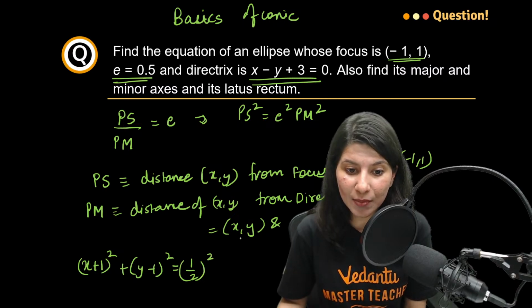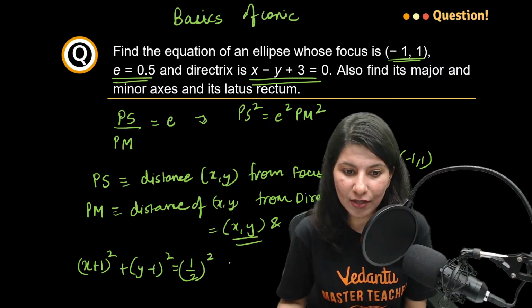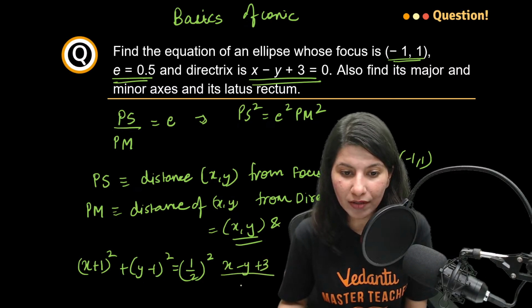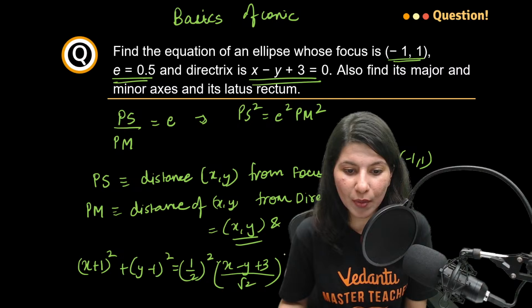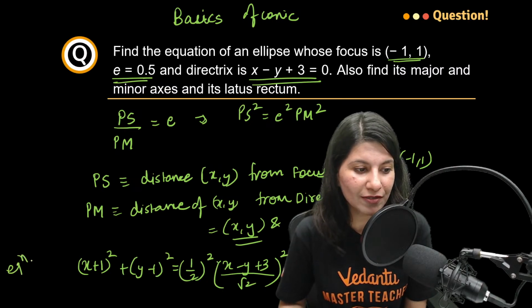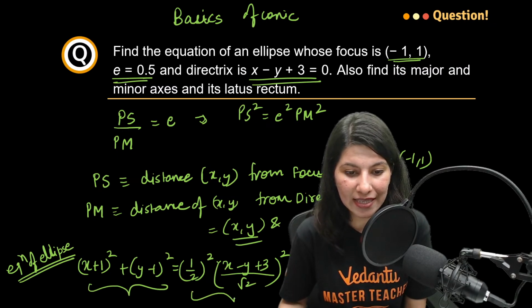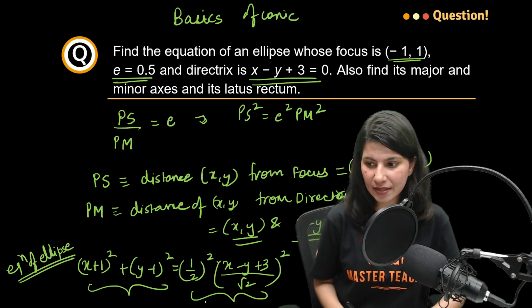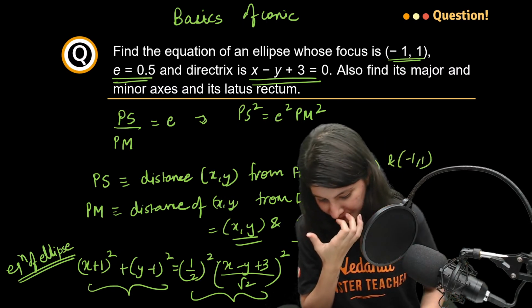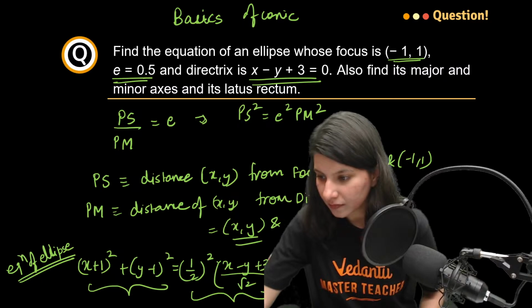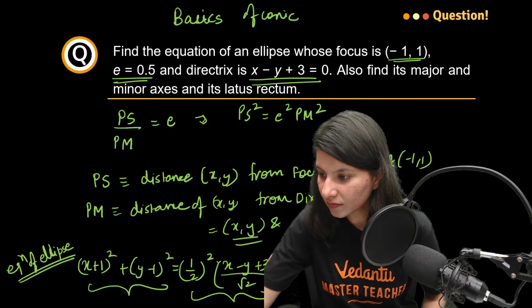PM square, distance between x comma y and the directrix, is going to give you x minus y plus 3 upon root 2 whole square. So this is your equation of ellipse. This is how you get the equation of ellipse. So this is PS square, this is E square PM square. Are you getting it? Tell me.